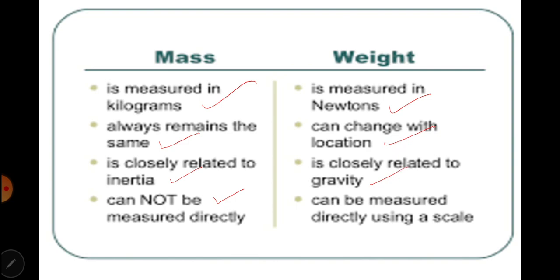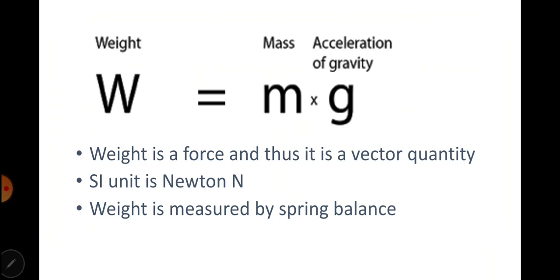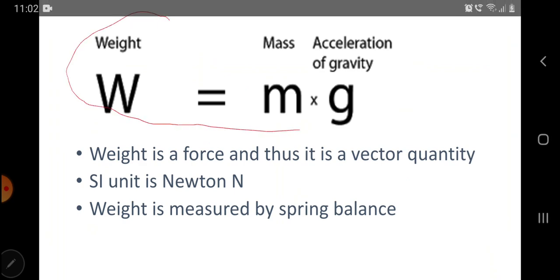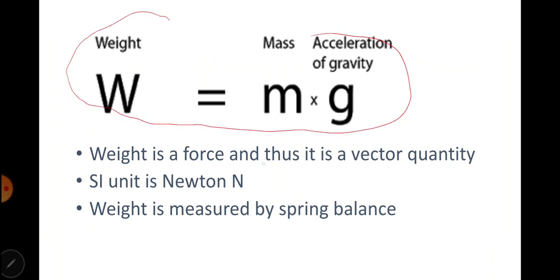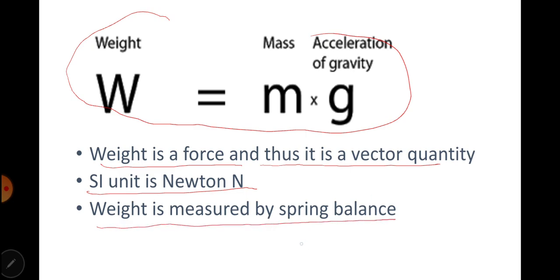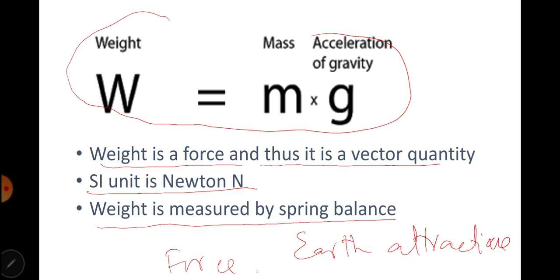Now this is the formula for weight: weight is equal to mg, where weight is a force and it is a vector quantity. The SI unit is Newton. It is measured by spring balance. Weight is the force with which the earth attracts a body.